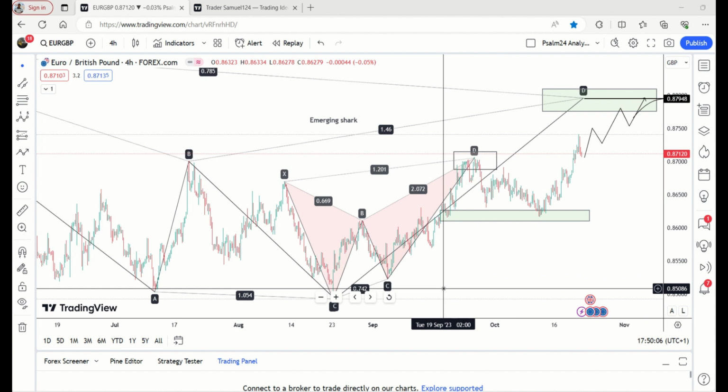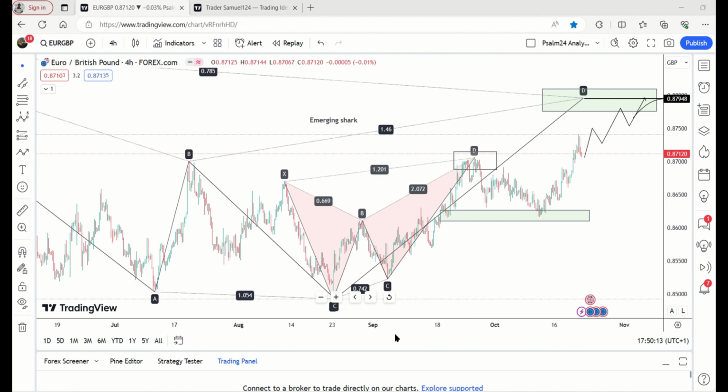As we look at the pairs we have for consideration for this week, I would like to talk about something which I have actually not told you guys on this channel, but I believe if you have been trading for some time, you could have heard about the term market geometry.